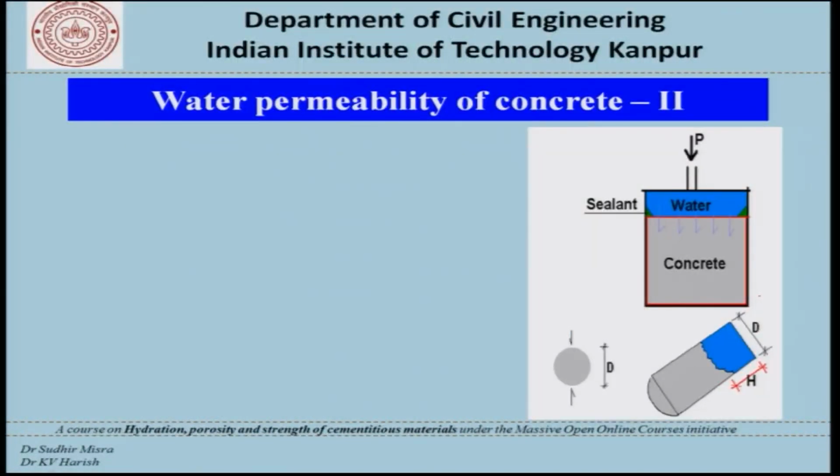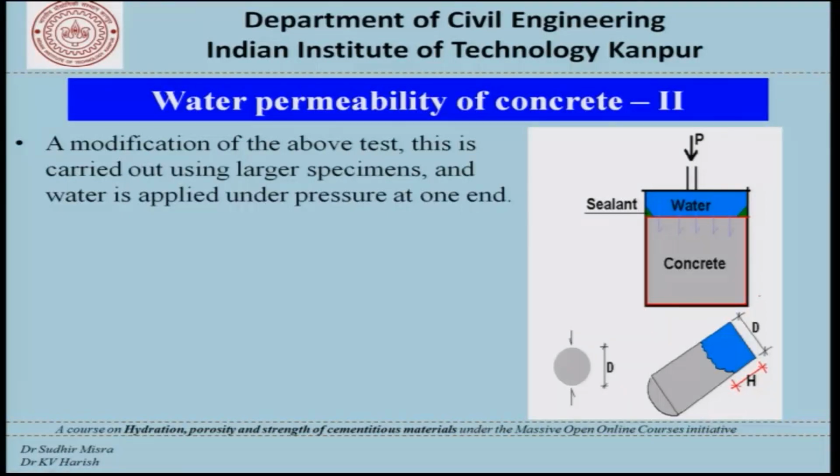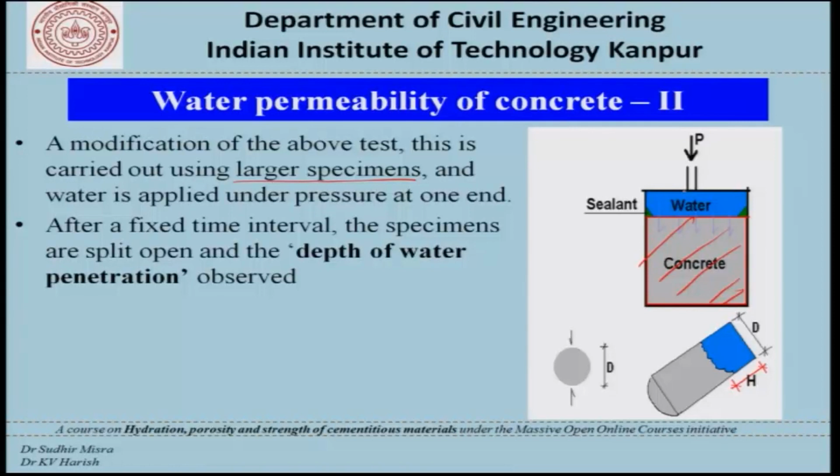Now, a variation of that test in which the water does not necessarily have to appear at the other end is this test, which says that the specimen is a large specimen. So, this whole thing is concrete here, and water is ponded on one side and pressure is applied, and after a fixed time the specimen is split and the depth of water penetration is observed.